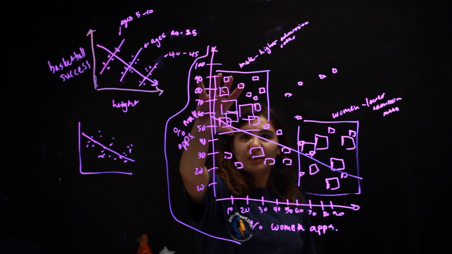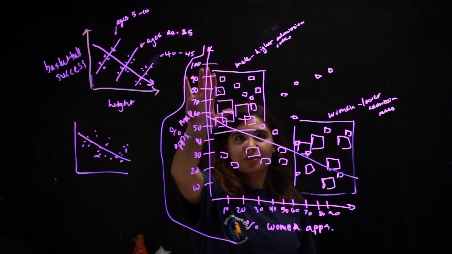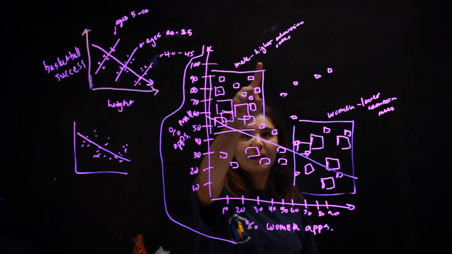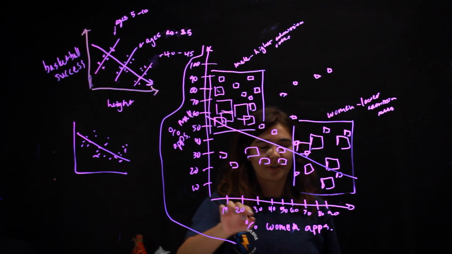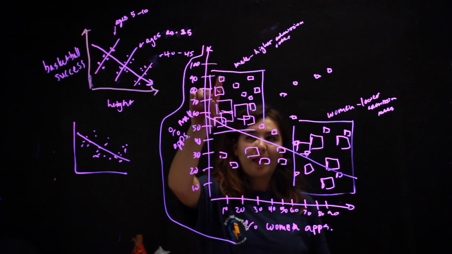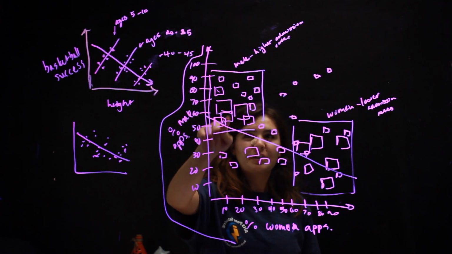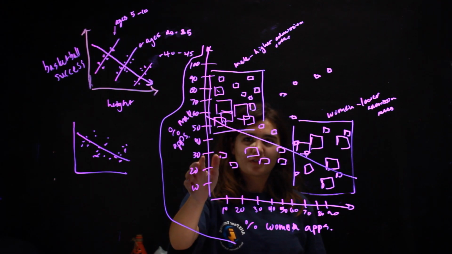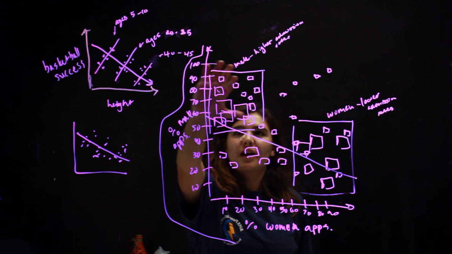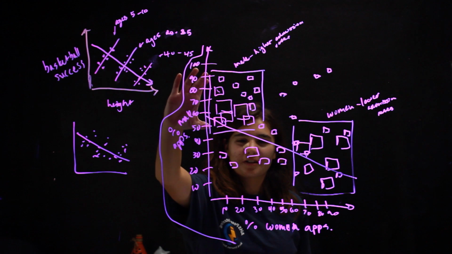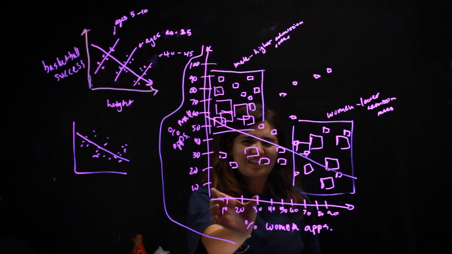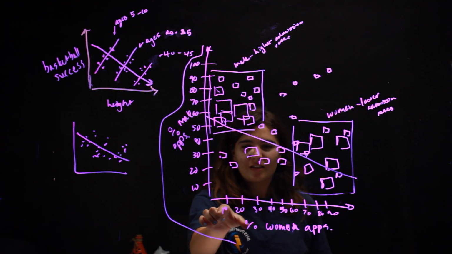Now, this big box over here has higher admission rates than this big box over here, okay? And most of the people applying here are males, right? There's like around 50 to 90% here, and around 0 to 40% here for women.